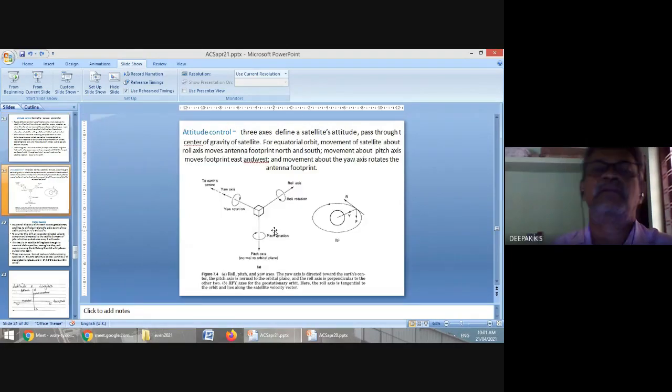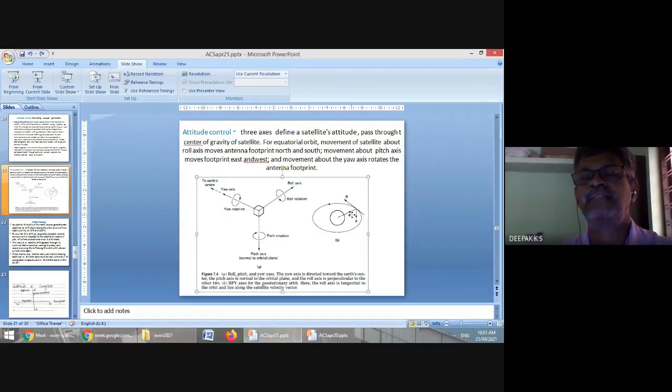And basically, if you have the Earth and an orbit, there are three axes which we can find. This is a satellite.